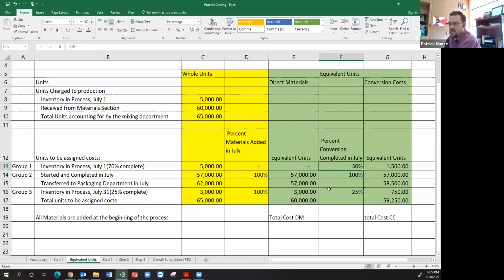I only put 30% of the work in, and these were not finished. I only put 25% of the work in. And up here, it's not skewed. The 5,000, I didn't put any of the direct materials work in, so I want to make sure that I didn't include that. So only what was actually done in July is included in these equivalent units numbers, and that's why we do this. The next video, we will talk about step 3, which is determining the cost per equivalent unit.